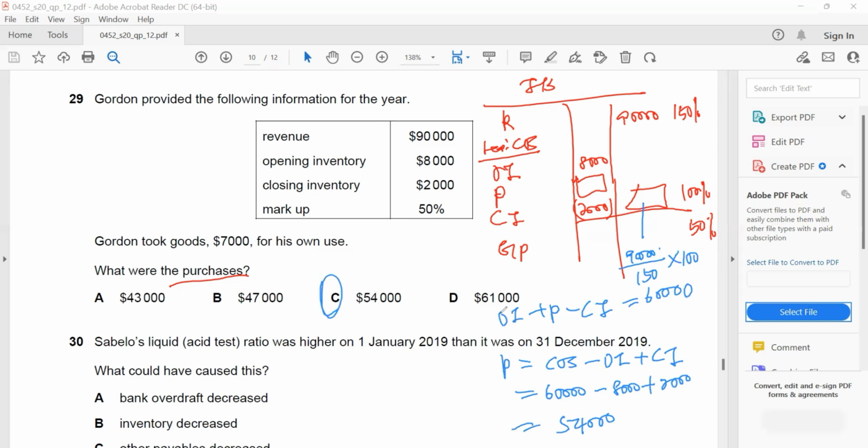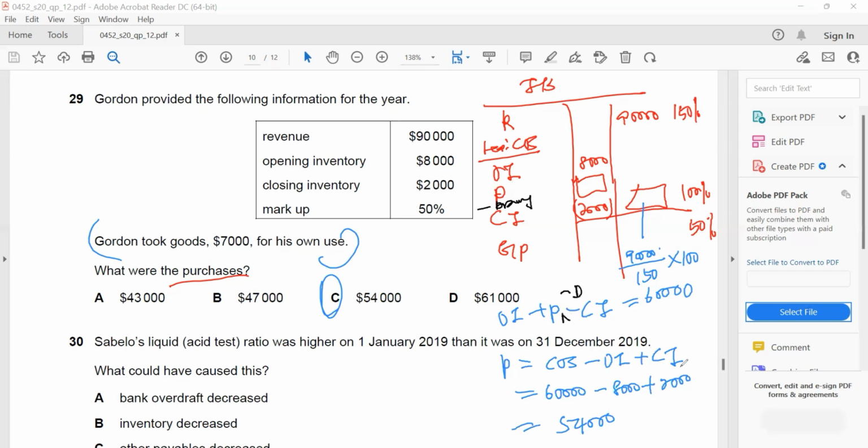Wait, let me see. Where is my mistake? Oh, sorry. There is one more item. They say that Gordon took goods 7,000 for his own use. In this case, we have to minus drawing. So there is one more item here.